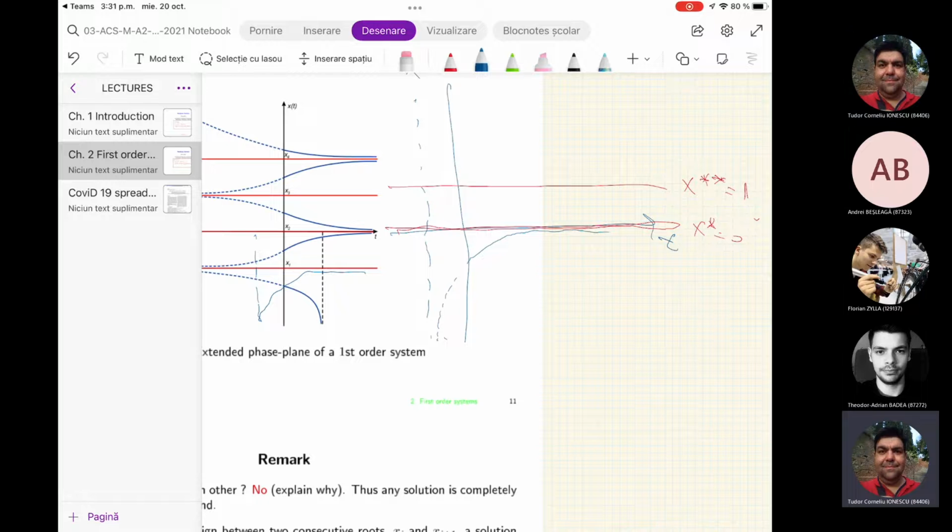This was the first band with the initial condition x naught negative. Then the initial condition between 0 and 1, you remember, yeah? Was like this.